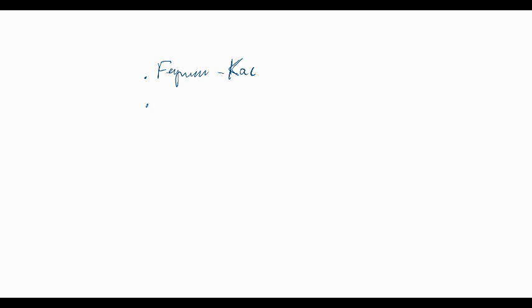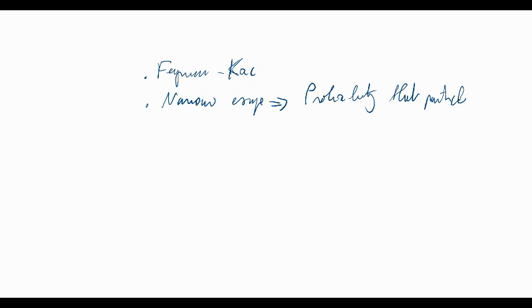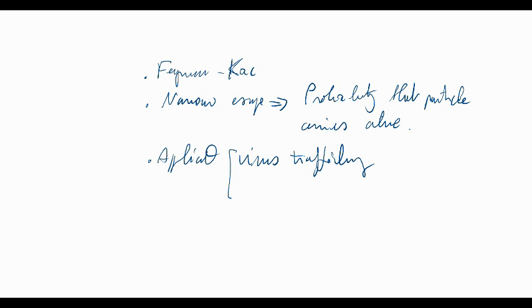However, the asymptotics using the narrow escape can be used to derive an asymptotic formula for the probability that the stochastic particle arrives alive. This has applications, as we have discussed, in virus trafficking, or any kind of trafficking, such as polymer or DNA trafficking.